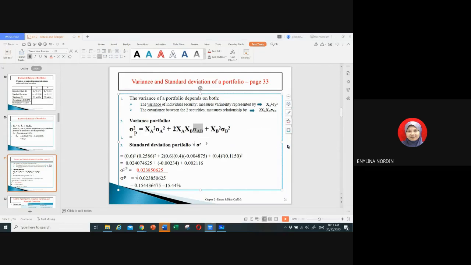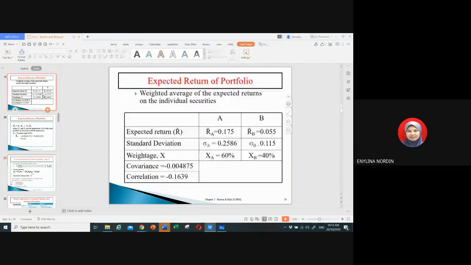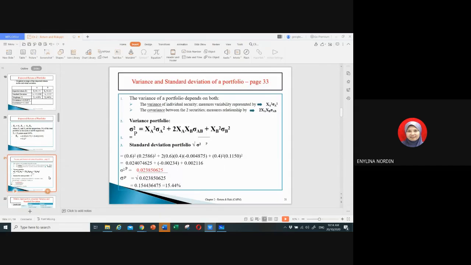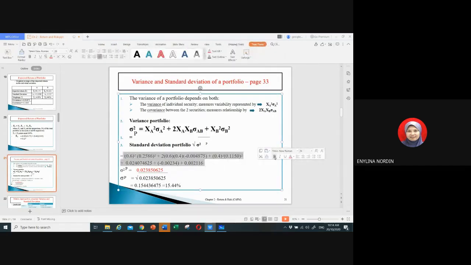So by taking that formula into consideration, we just plug in the figures from this table into the formula, where the weightage in stock A, 60%, squared, multiplied by the standard deviation of stock A squared. Sorry about the sound.